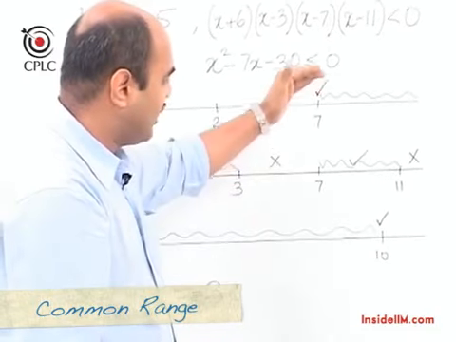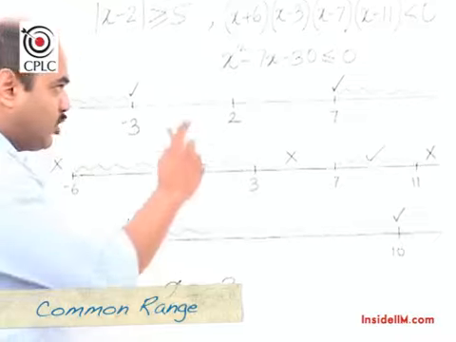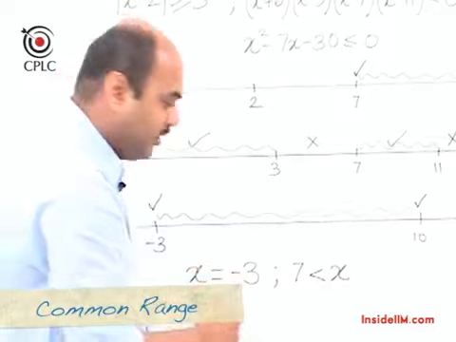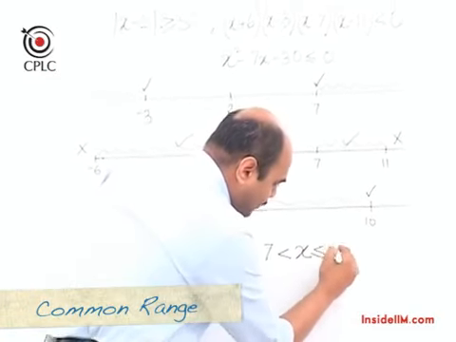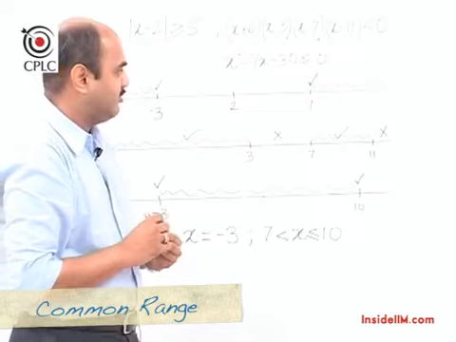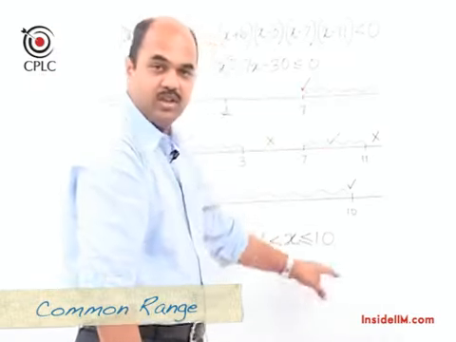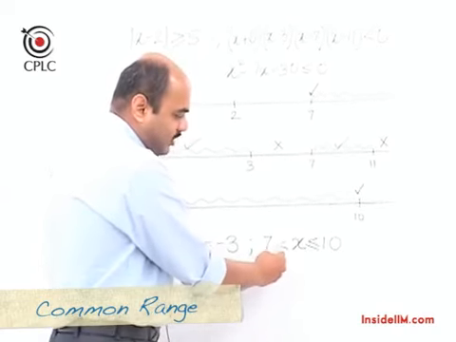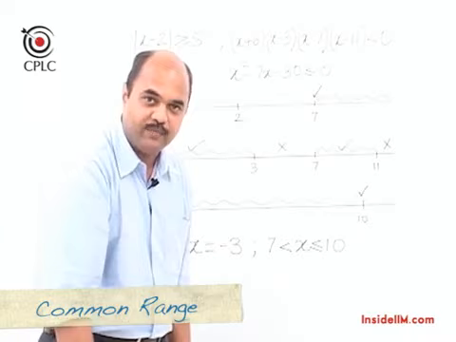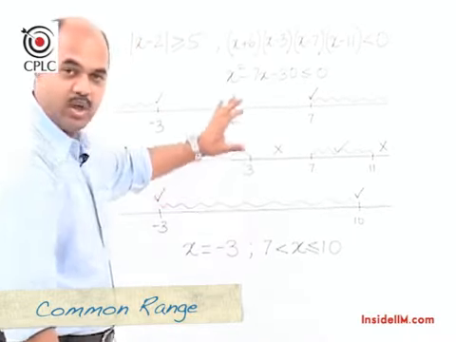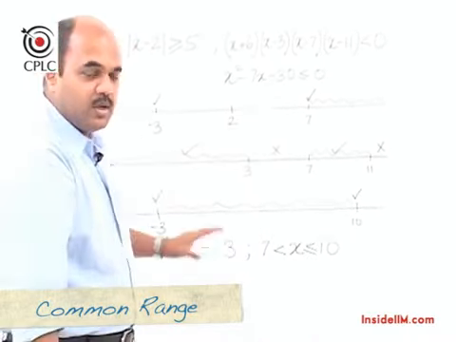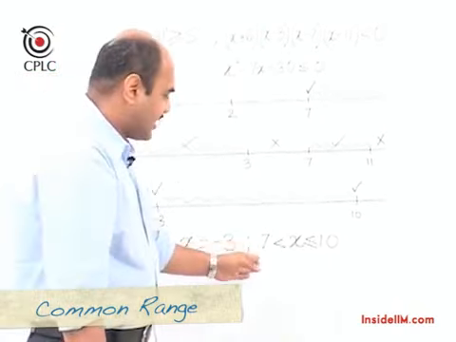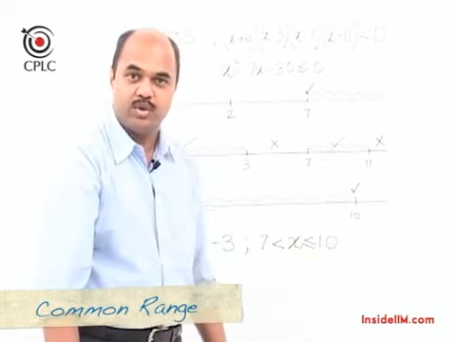And hence now when I look at the three graphs for a common range, x can be greater than 7, or it can be anything up to 10, 10 included, because the value 10 is common to all three graphs, and hence the second common range that I get is 7 less than x less than or equal to 10. So after drawing the graphs and looking at the common range, my final solution would be x is equal to -3 or 7 less than x less than or equal to 10.